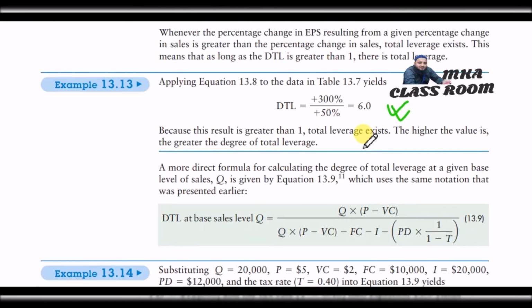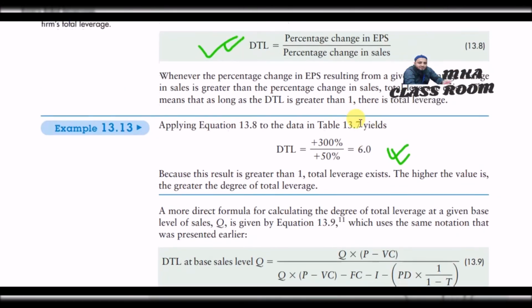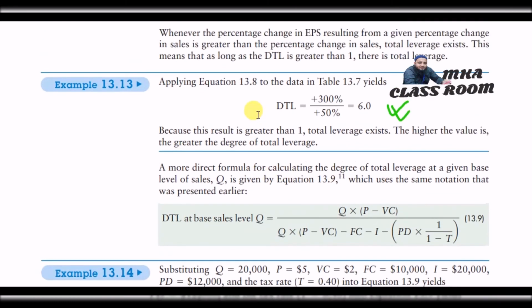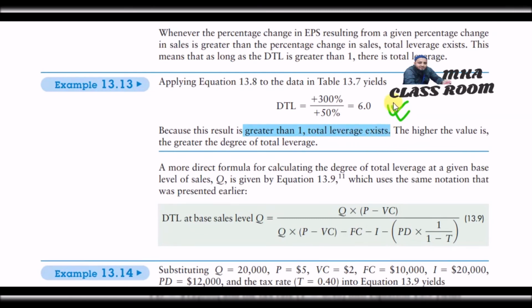Here the result is greater than 1, so total leverage exists. The higher the value is, the greater the degree of total leverage. That means if this value is higher, risk is higher, there is greater leverage.